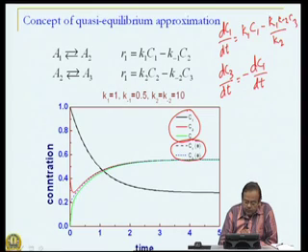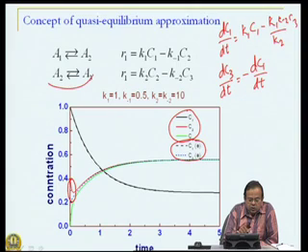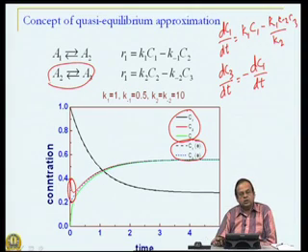For C2 and C3, if you see the red line and the blue line, that is the dotted line for C2, there is a slight deviation in the beginning, but other than that the behavior is almost exact. So, it is a fairly good approximation in the case in which the second reaction is much faster. So, we can invoke the quasi equilibrium approximation.